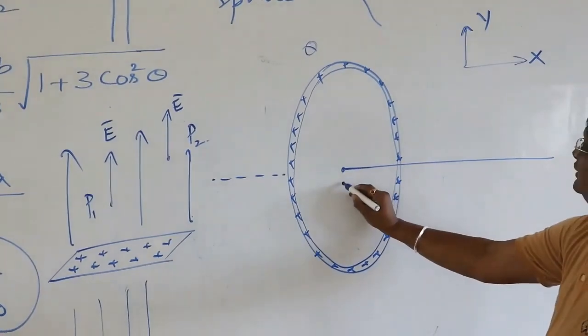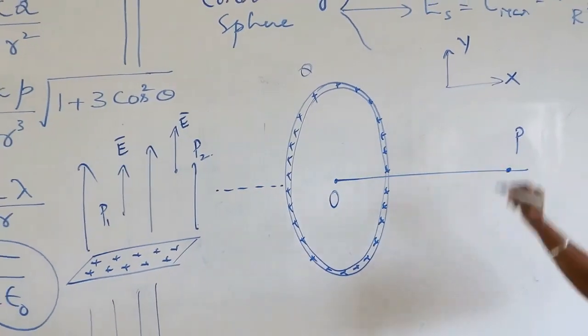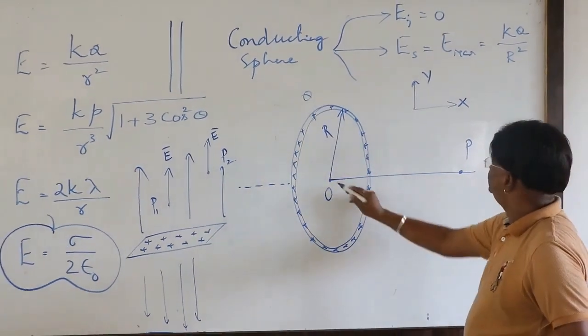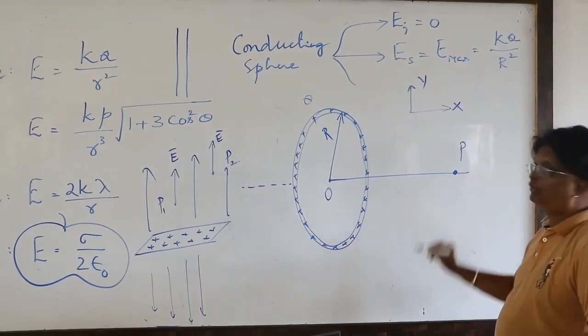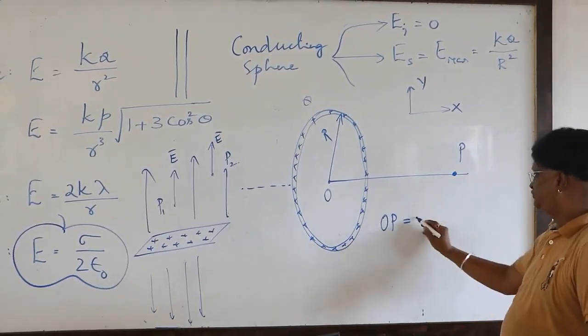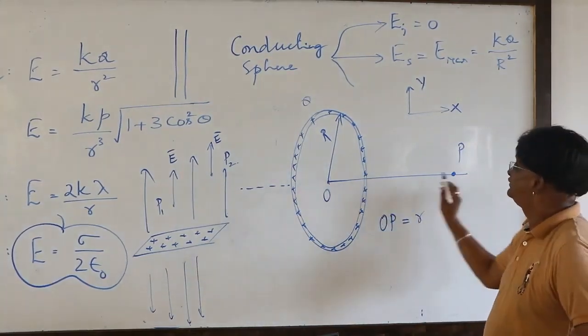Now let me take this O as the center, P is an axial point. Your choice, a radius, suppose capital R. This is P, an axial point at a distance, suppose small x, from the center.